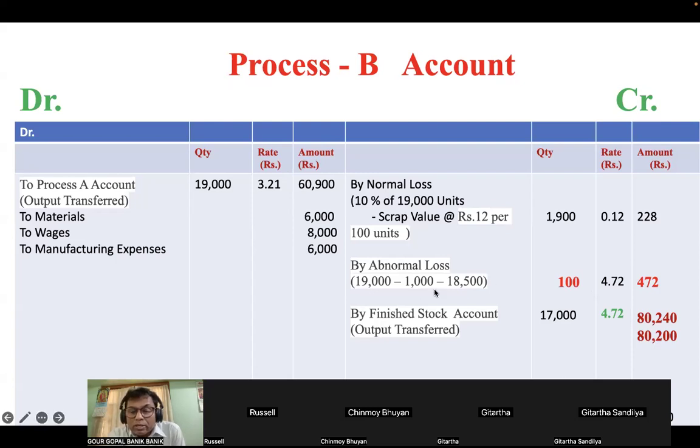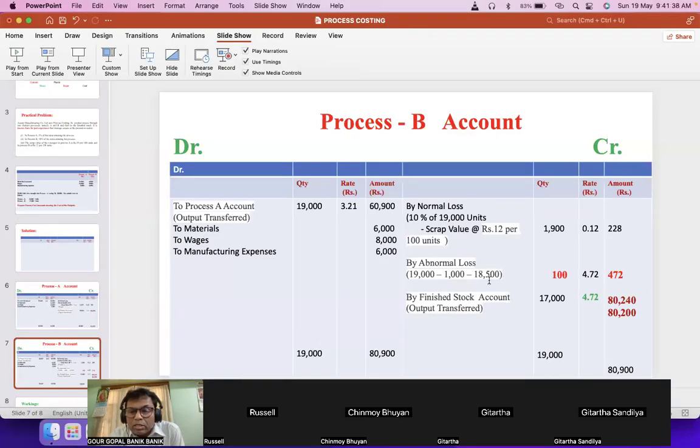See, I have calculated here. This is also wrong, sorry. One point is wrong here. This should be 17,000. Yes. This should be 1,900.